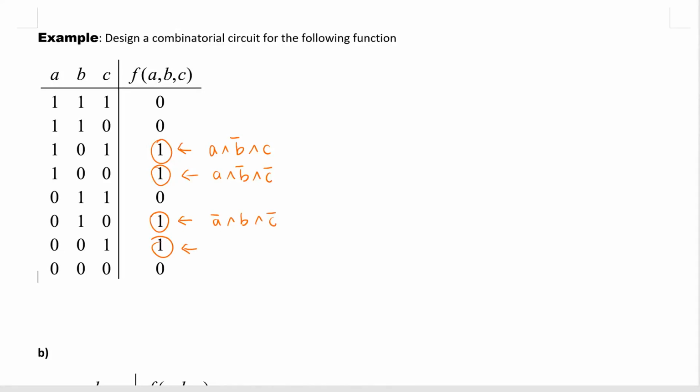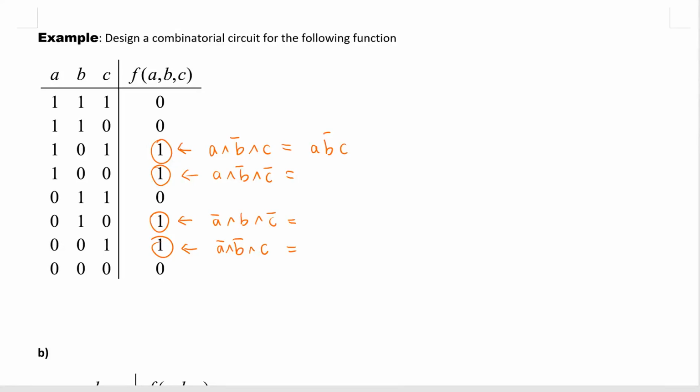This guy, we have not A and then not B and C. So for last session we talked about our notation. For AND, we don't need to write it down. So if we just put A, B bar and C, this is what we mean by AND.